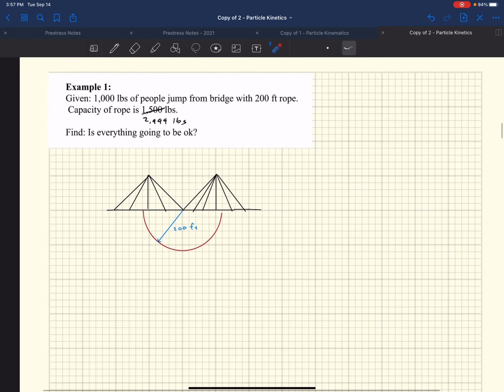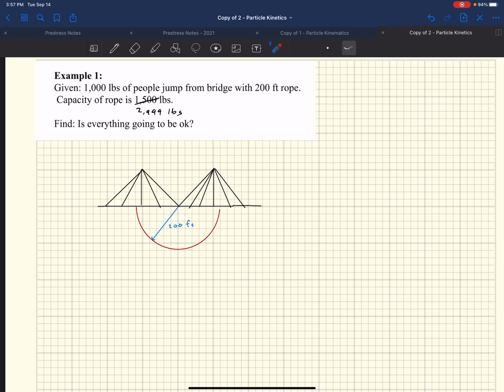Okay. So we have, and I'll show you a video of this. This is leading up to my YouTube Friday. Sorry, I'm going to grab a drink really quick. YouTube Friday. So on Friday, I'll show you a video of what this is about. So this is 1,000 pounds of people. Okay, so multiple people are standing right here, and they jump off this bridge.